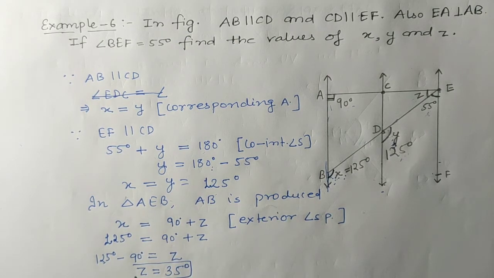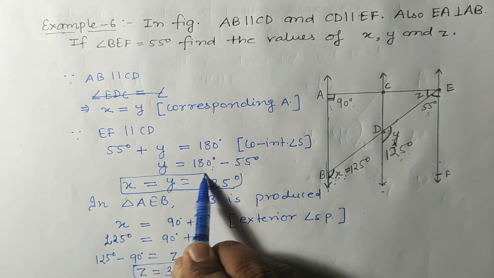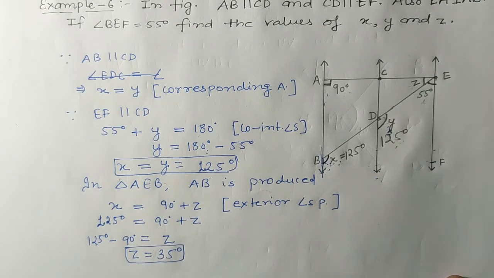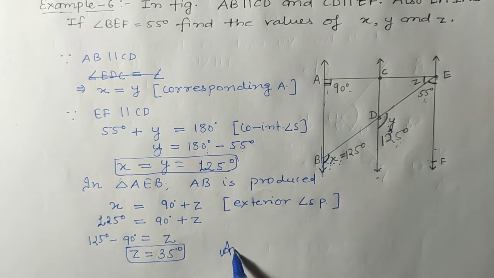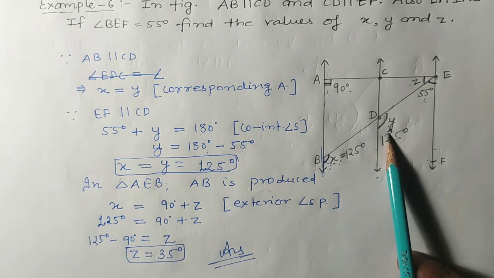So the value of Z is 35 degrees and the value of X and Y is equal to 125 degrees. These are the answers of this question: X and Y are 125 degrees and Z is equal to 35 degrees. See, the concept of the question is very easy. Corresponding angles X and Y are equal.